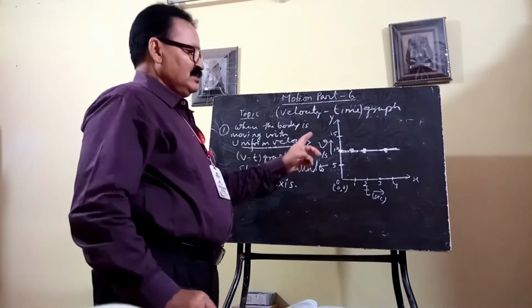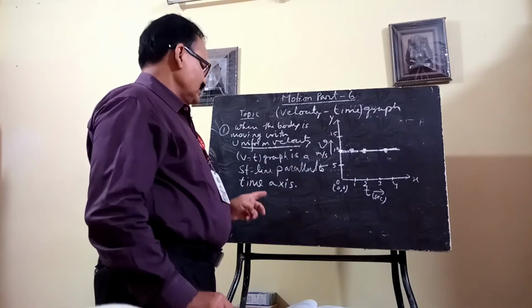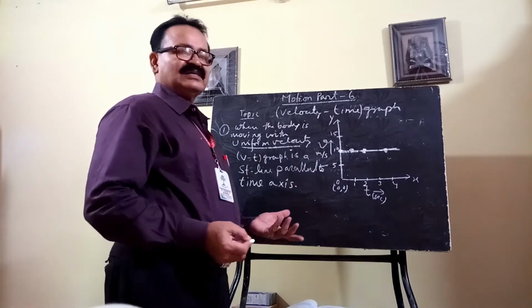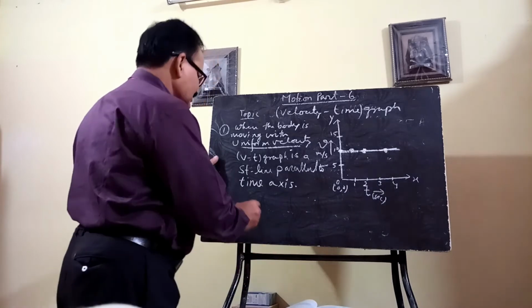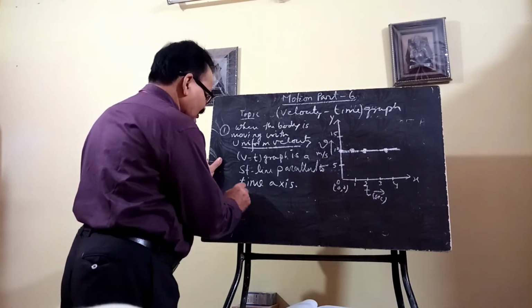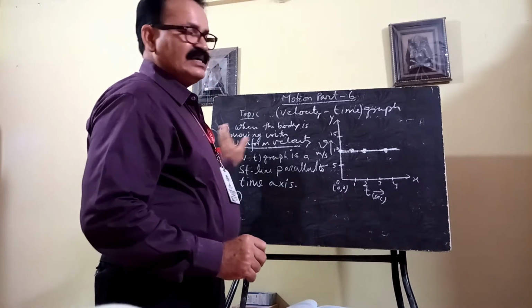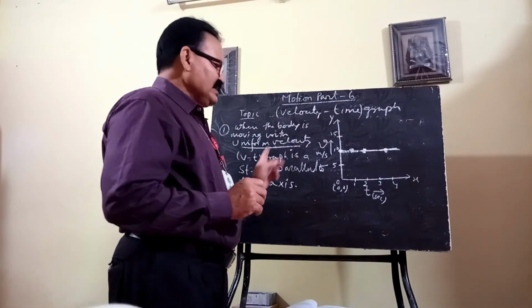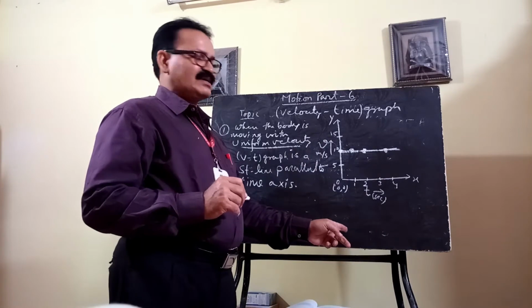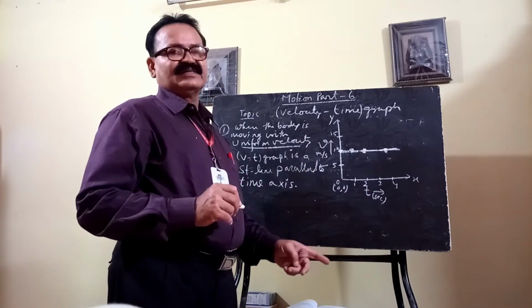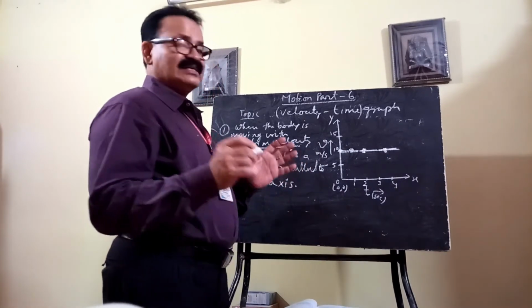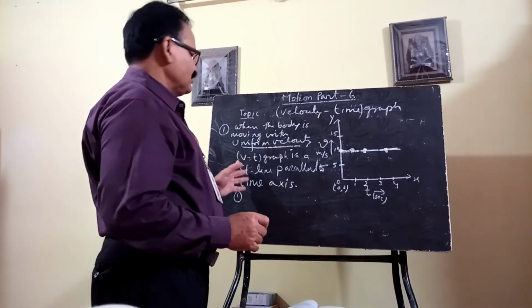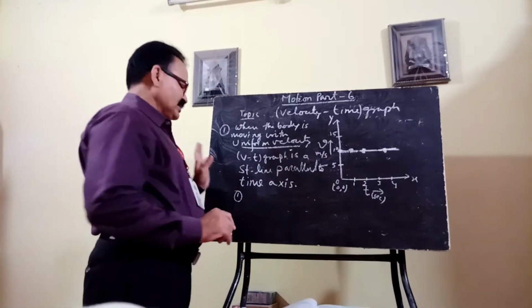Now in this graph, what information can you draw? If you want to find the displacement, the area enclosed by the velocity time graph with the time axis will give you the displacement of the body during that time interval.